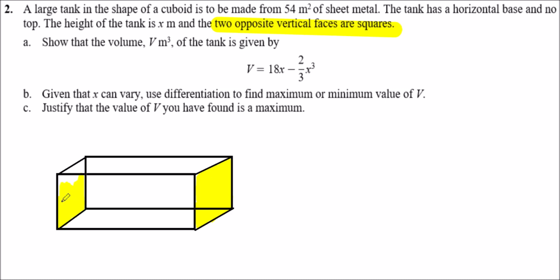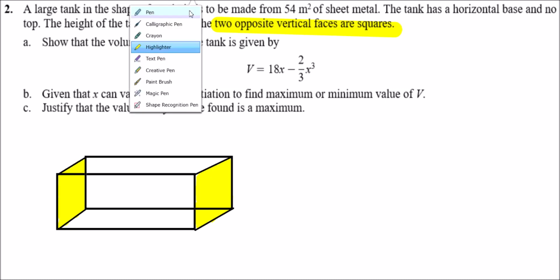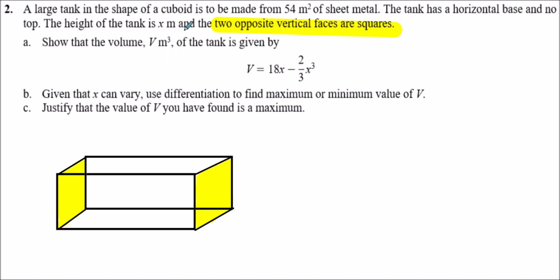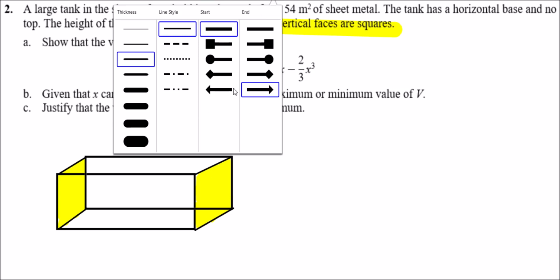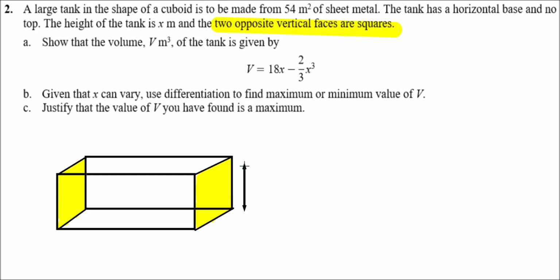After we've done this, we can then label in the dimensions which we'll need for later. So let's think about what else we're told. We're told that the height of it is x metres, so let's label in the height. The height here is x.